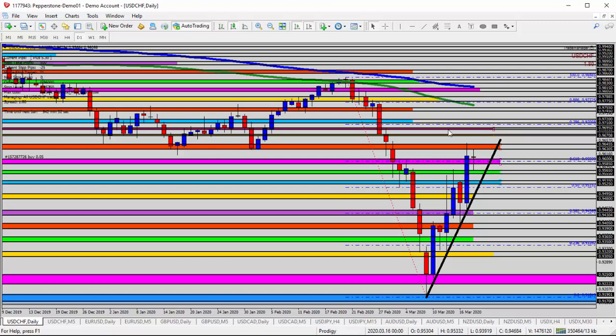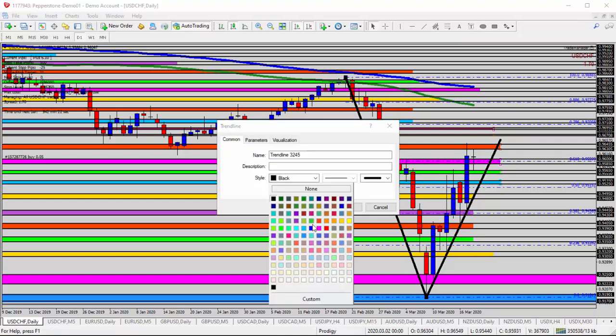Something else here is that I take Fibonacci from the highest high to the lowest low. So the last leg of the downtrend. Let's just put another trend line here. So that left-hand black trend line. Let's actually make that one a different color. Let's make it red.